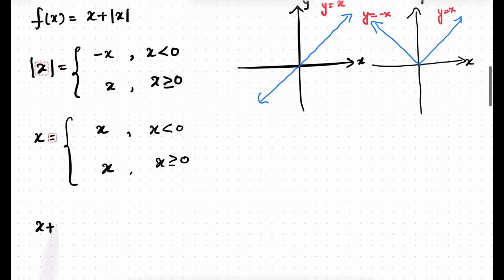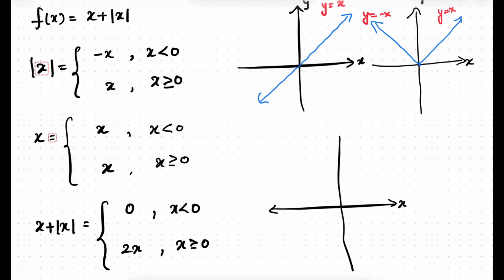Your x plus modulus of x would be like this: x and negative x cancel each other out, so it would be 0 when x is negative, and when x is non-negative, the answer would be 2x. So let me draw the graph. x and then y.